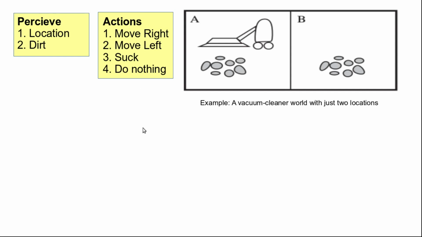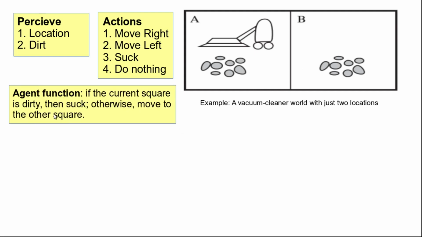Now, what should be the behavior of this vacuum cleaner? We can specify it using an agent function. You may come up with different agent functions, but one simple agent function may be: if the current room is dirty, then suck to clean the room.